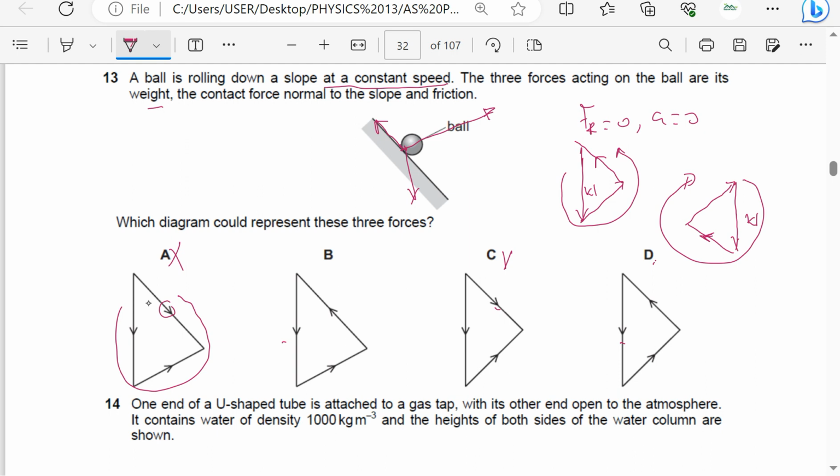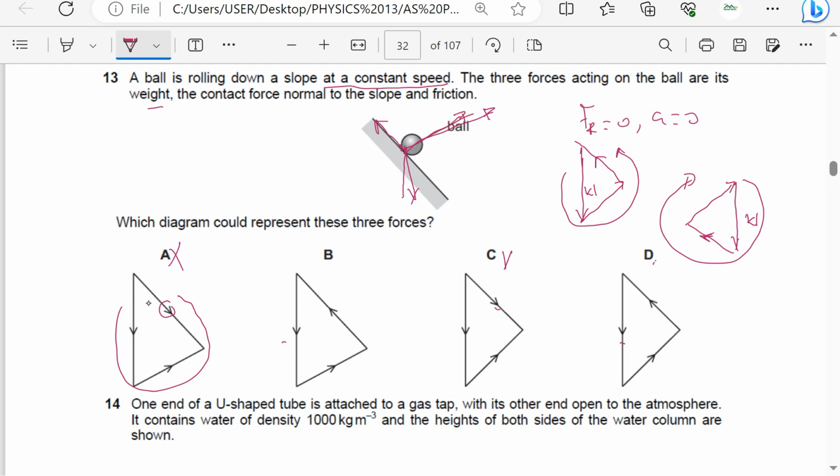The normal reaction points in this direction. So if the weight is perfectly vertical, the normal reaction is that direction.